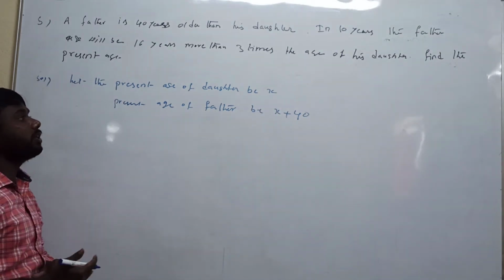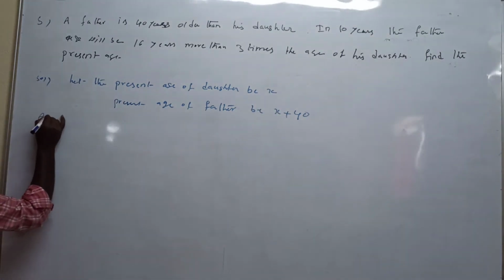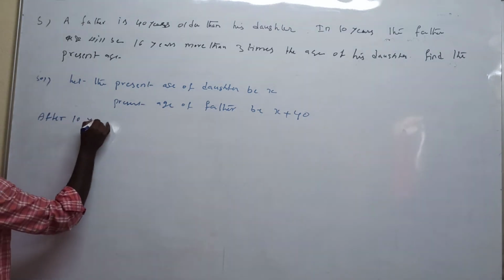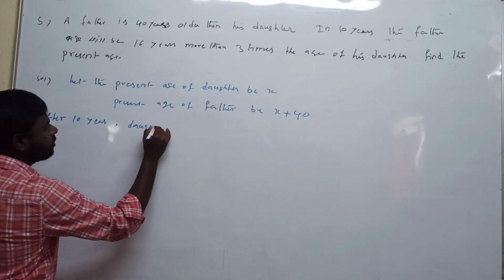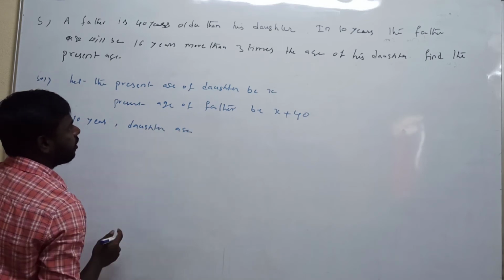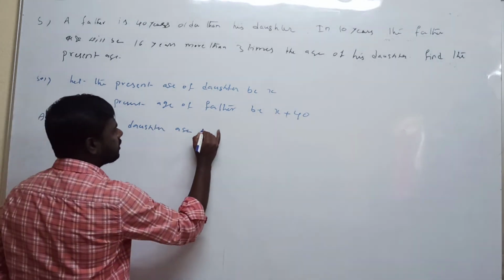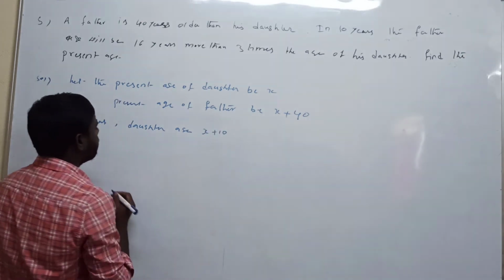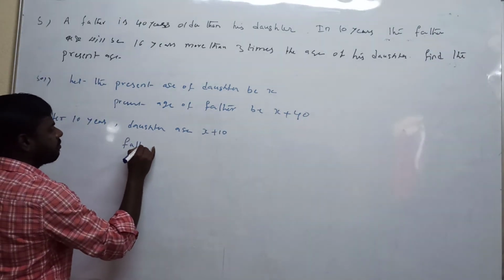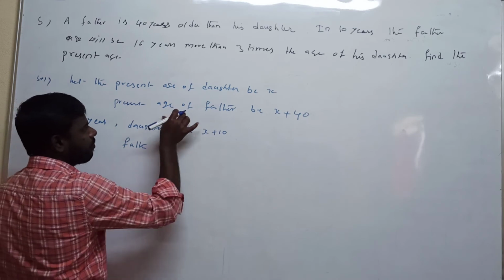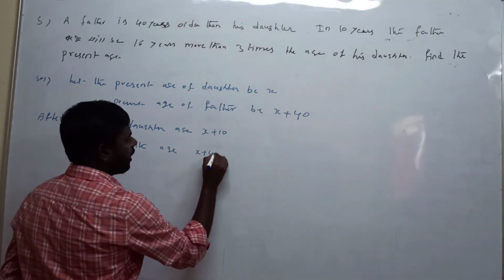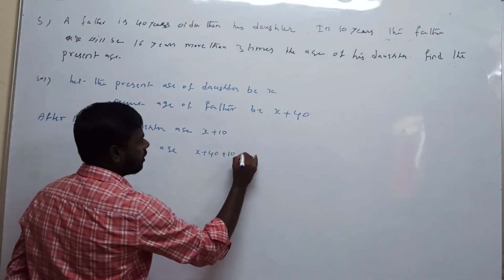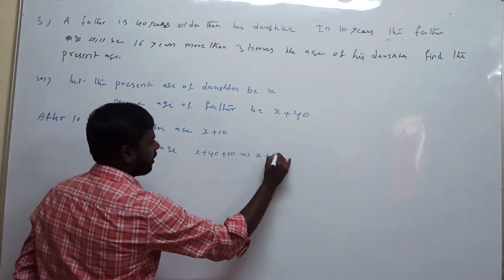Next, in 10 years. After 10 years, daughter age is, present daughter age is x, so after 10 years, daughter age is x plus 10. Next, after 10 years, father age, present father age is x plus 40, plus 10 is nothing but x plus 50.